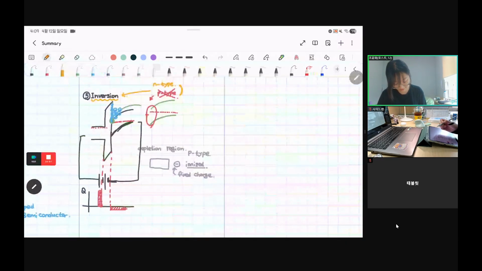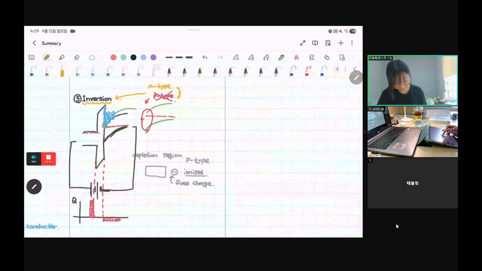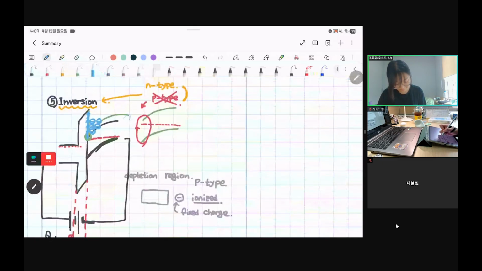So why do we call this inversion? We already doped the p-type semiconductor. So the major carrier is hole, but holes don't accumulate in this surface.